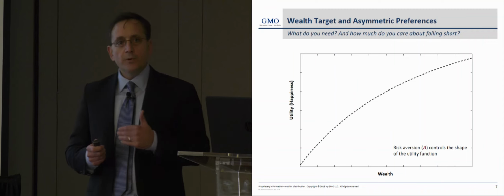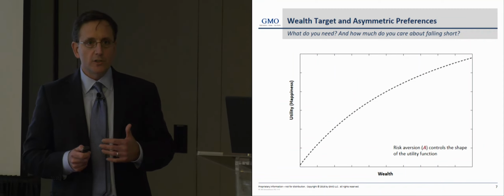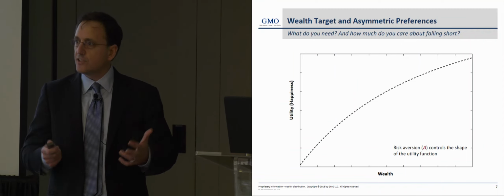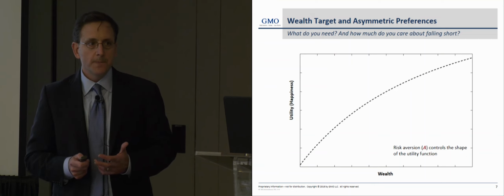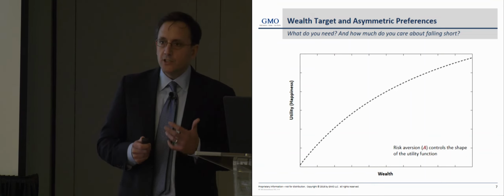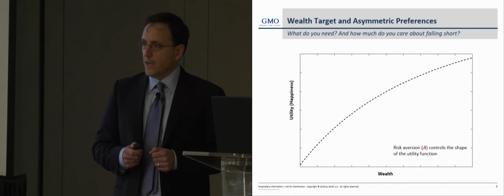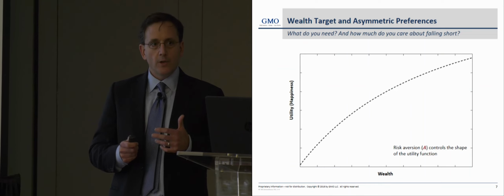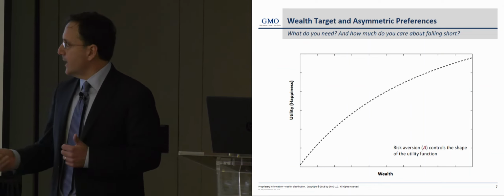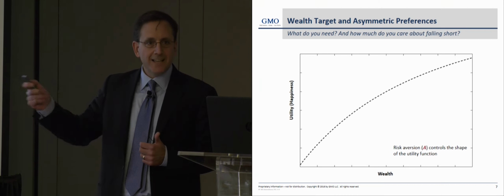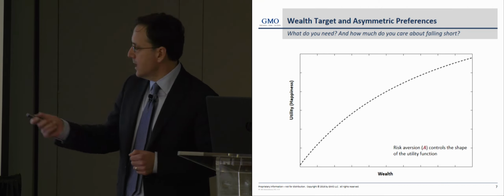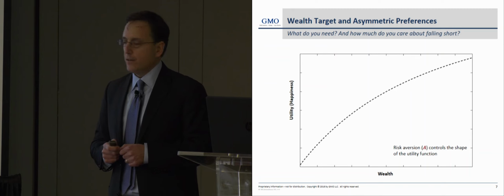And to come up with a framework that addresses those questions, I'm just going to sketch out some of the conceptual foundations of the framework. The starting point is to go back to your Econ 101 textbook and to start with utility theory. So we have utility, or an index of happiness, on the vertical axis, and your wealth on the horizontal axis.